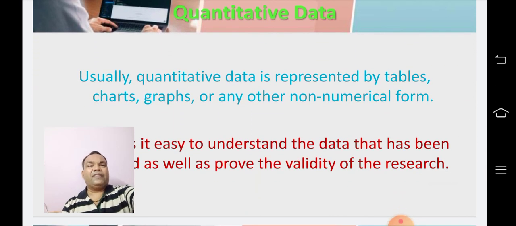Then the next very important, relevant feature of quantitative research is that the data collected are all quantitative. Usually, quantitative data is represented by tables, charts, graphs, or any other numerical form.